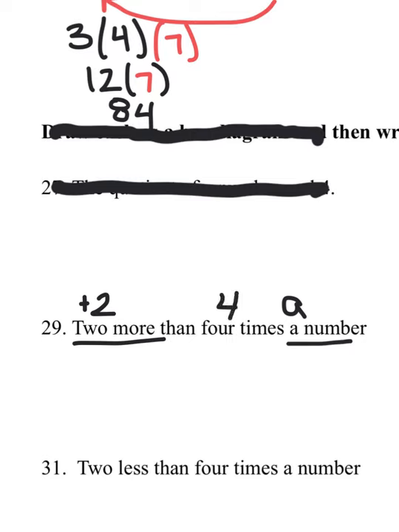So we're going to have 4 times a, which is our number we don't know, plus 2 more. You're going to end up with 4a, you can have any variable, plus 2. That is the same thing as saying 2 more than 4 times a number.